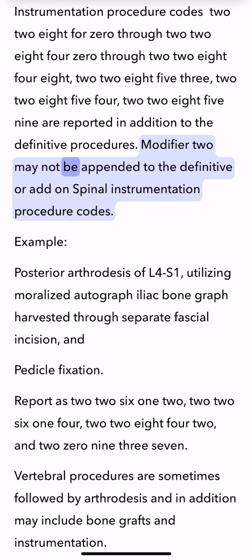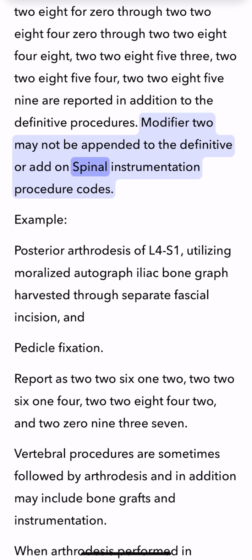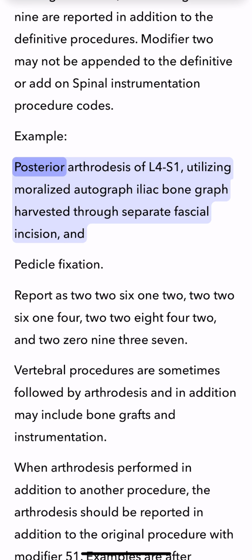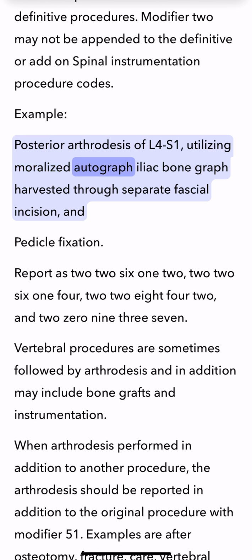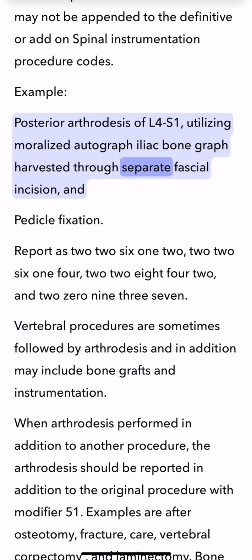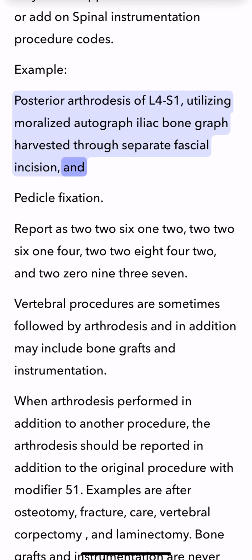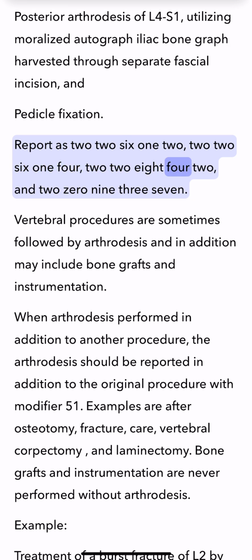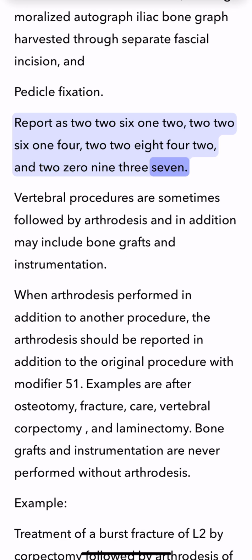Modifier 62 may not be appended to the definitive or add-on spinal instrumentation procedure codes. Example: posterior arthrodesis of L4-S1 utilizing morselized autograft iliac bone graft harvested through separate fascial incision and pedicle fixation. Report as 22612, 22614, 22842, and 20937.